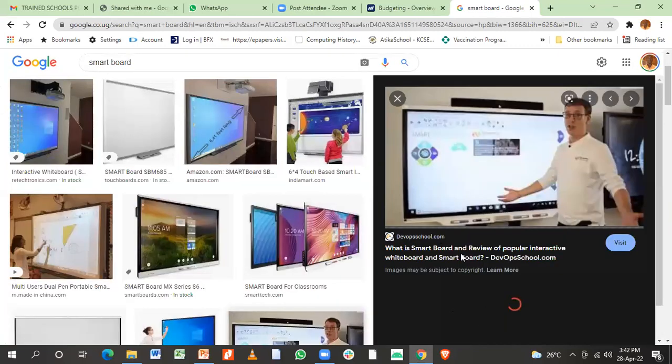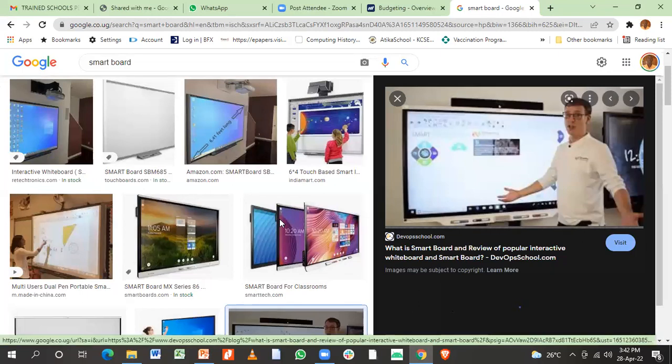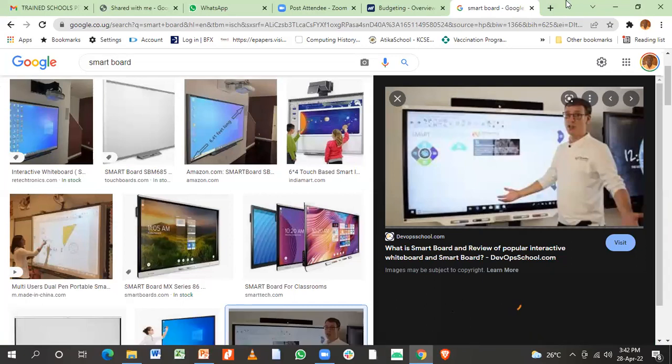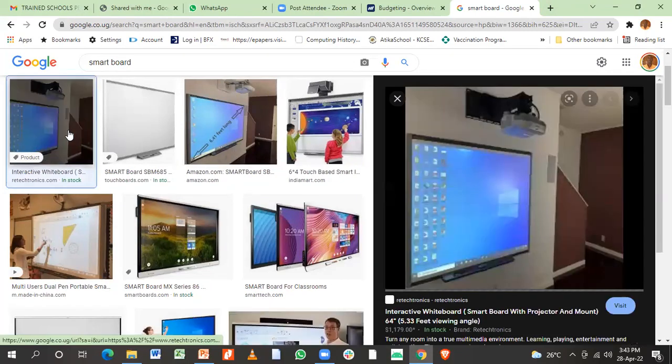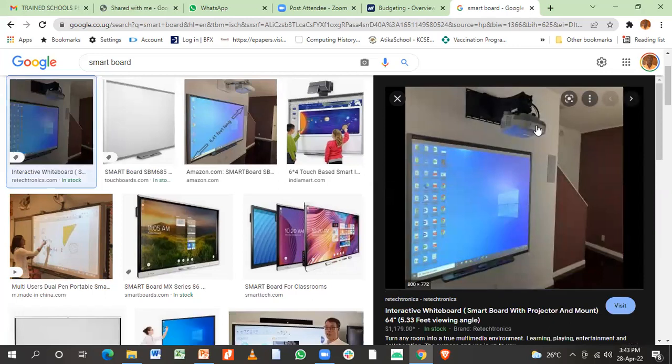So whatever you're seeing, these different images, is what Rumu is talking about, and that is a smart board. It has a lot of learning material in it. If you look at this one here, where I'm pointing, I can even try to enlarge it. You can see there is a projector at the top here, and that projector basically provides a means of display onto the whiteboard.